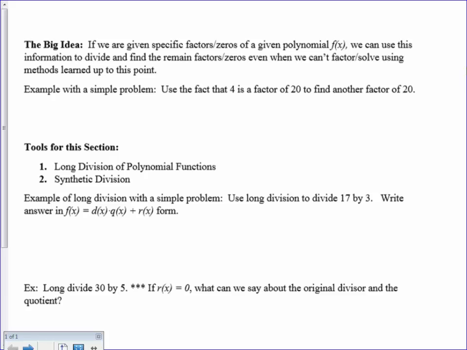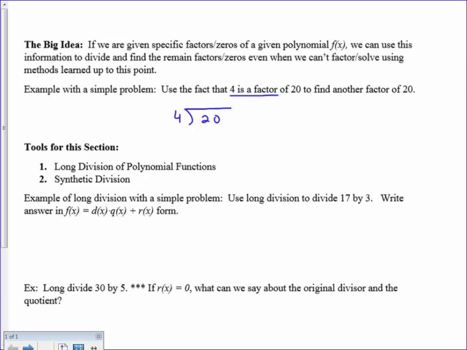In this particular example, I'd like to think about a simple problem just using the fact that 4 is a factor of 20 to find another factor of 20. So if I have been given the fact that 4 is a factor, then I know if I long divide 20 by 4, I'm guaranteed to find another factor.